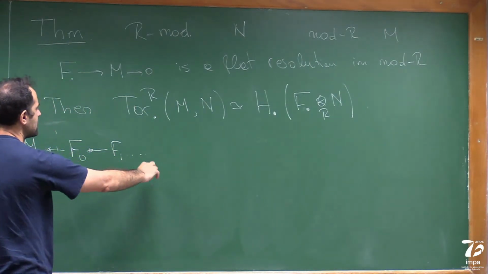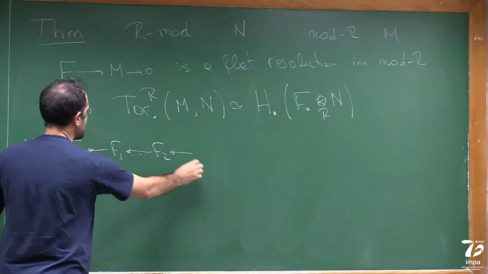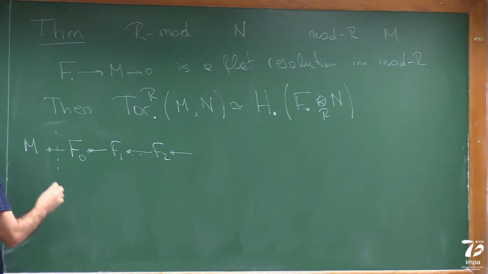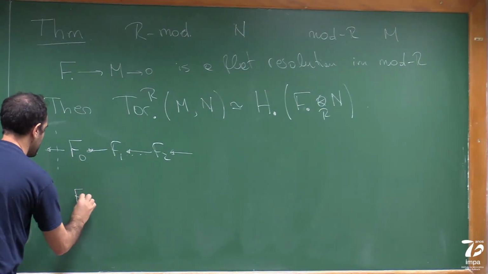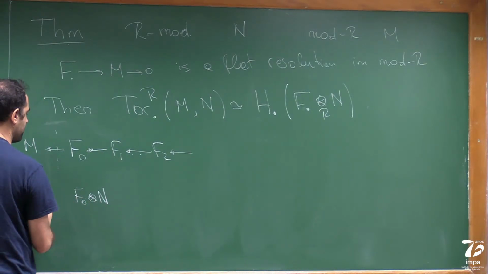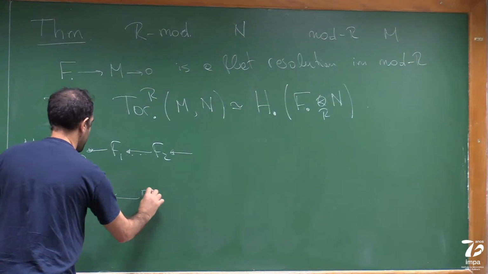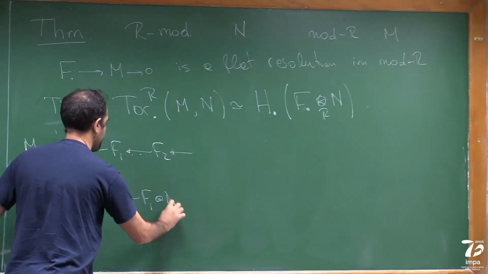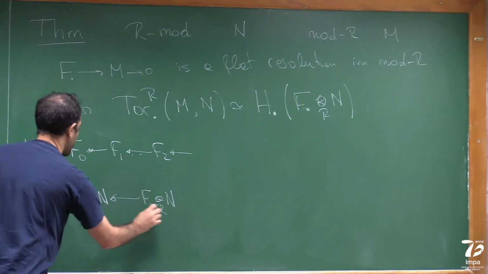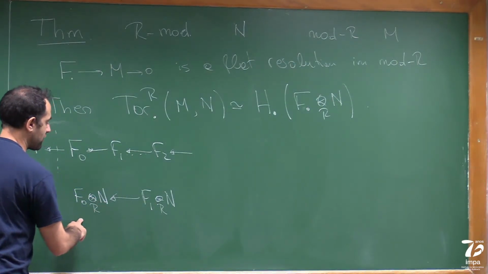I'm going to take the tensor product of this flat resolution with N. So the first term is F0 tensor N, over R. And then I have F1 tensor N, again over R. And the homology in degree 0 is the kernel of this thing, which is everything, modulo the image of this map.